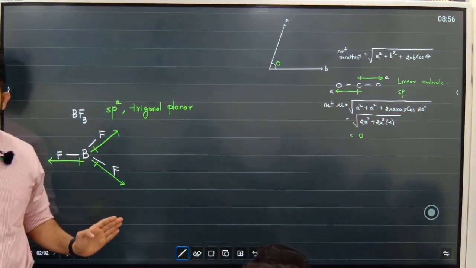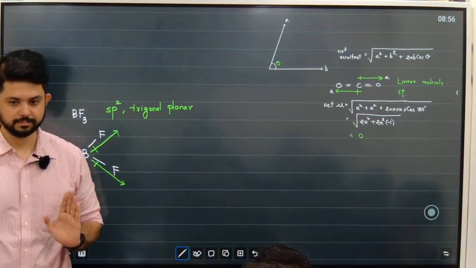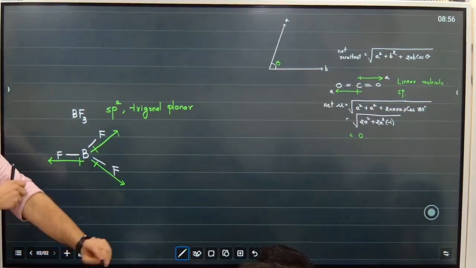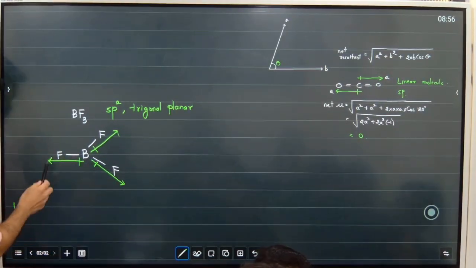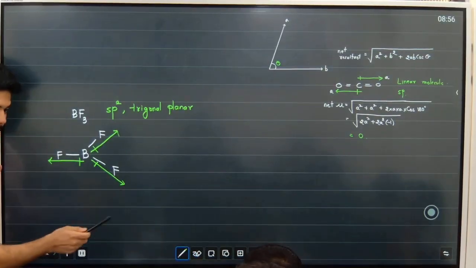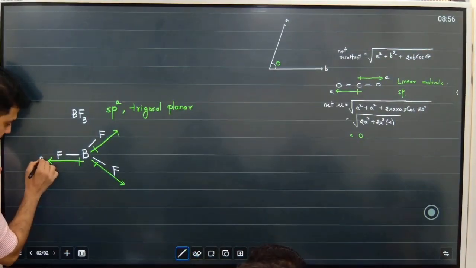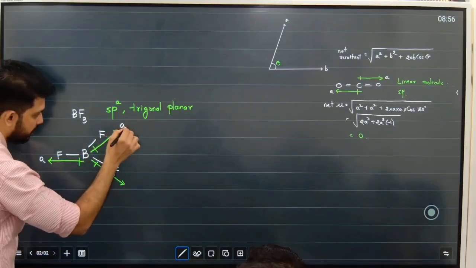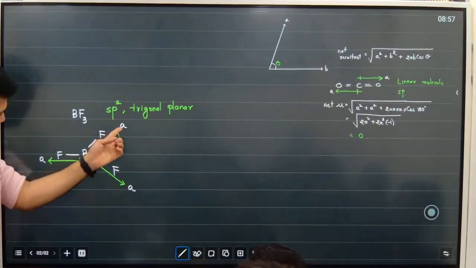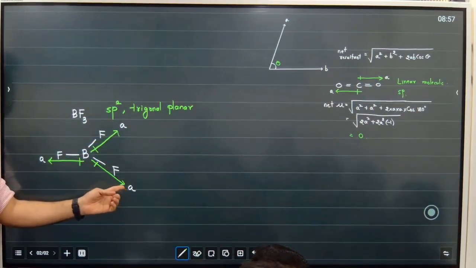So we can see over here that there are 3 dipoles. But I want to find the net resultant of BF3. So what I will do is, look at this. Remember, all 3 of them have the same magnitude. So the magnitude of this is A, of this is A, and of this is A. Now, this A and this A, what is the angle between the two?